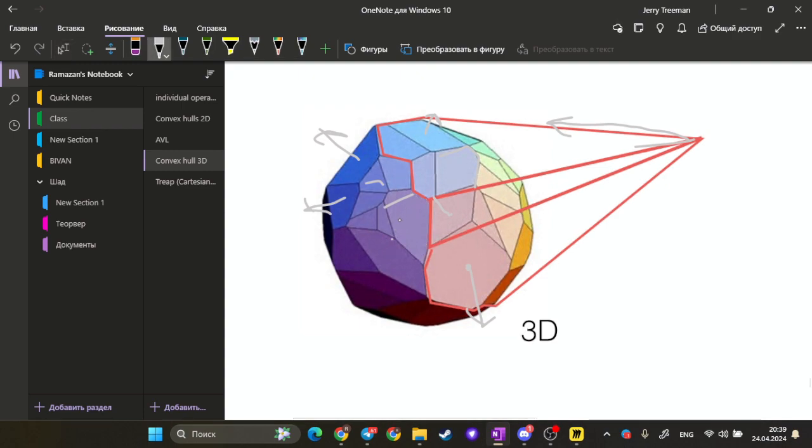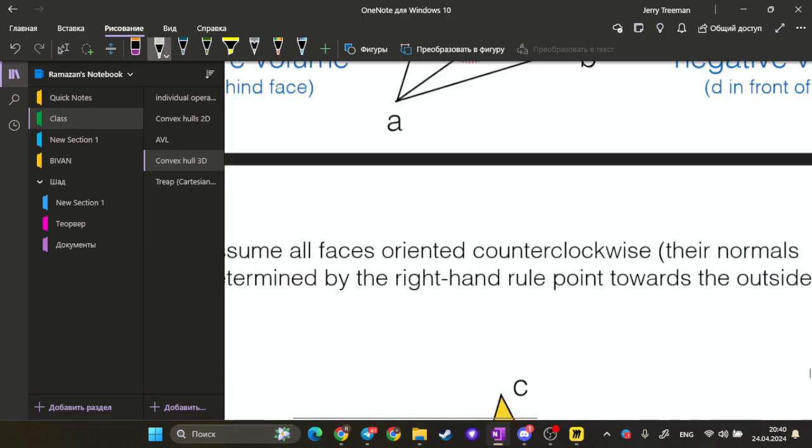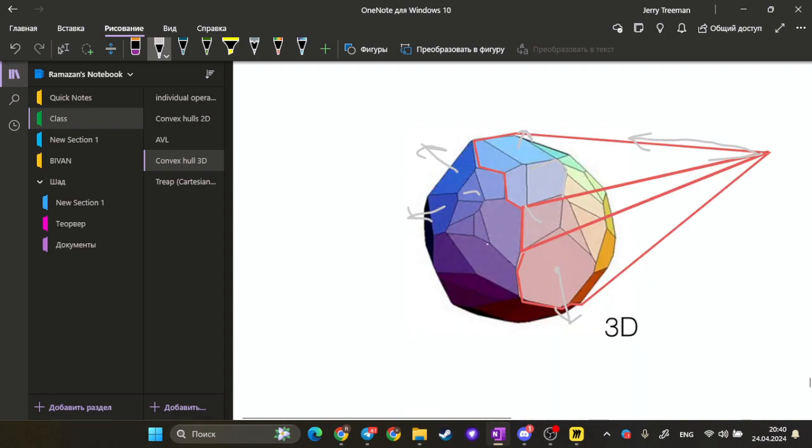We consider one plane, and when we get the convex hull, we consider some planes that contain faces, and then we need to delete this edge using 2D triangulation or a 2D algorithm. That's it. Okay, let's return to our algorithm.